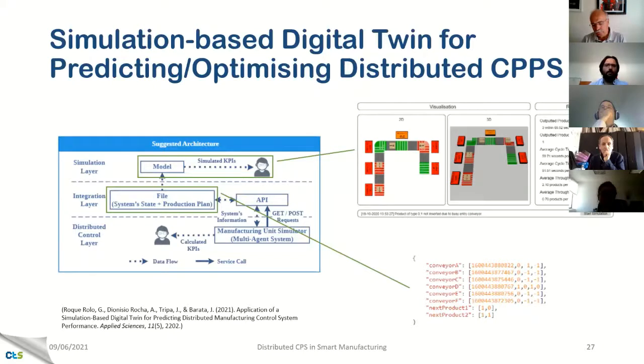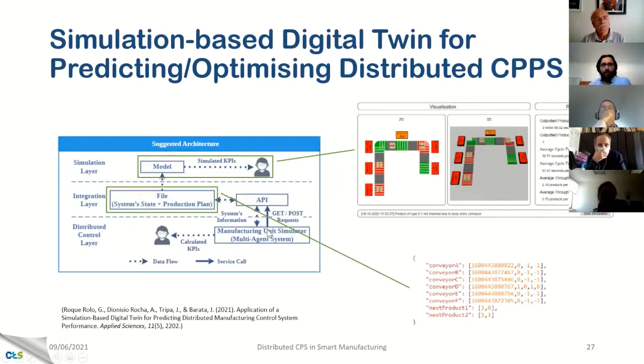And basically what we have here is using the same system I just presented. So this box here is the multi-agent system that was controlling the previous demonstration.